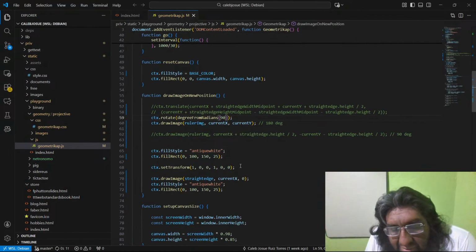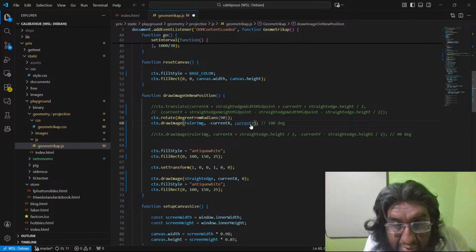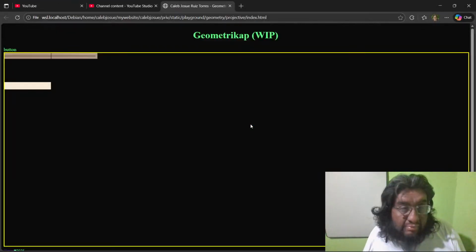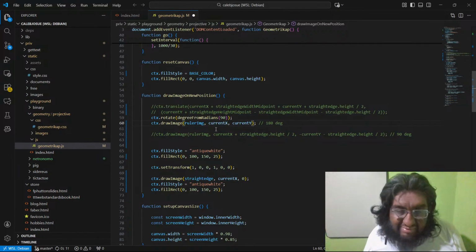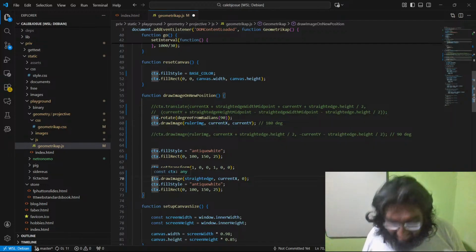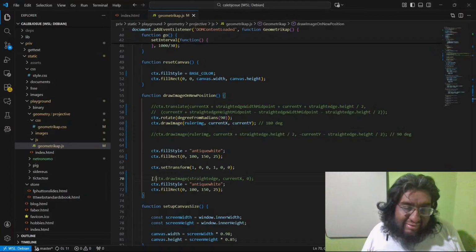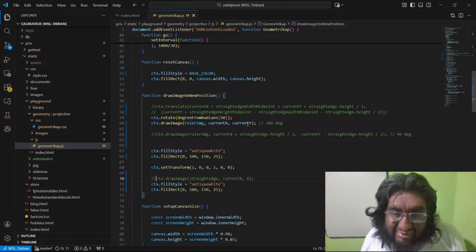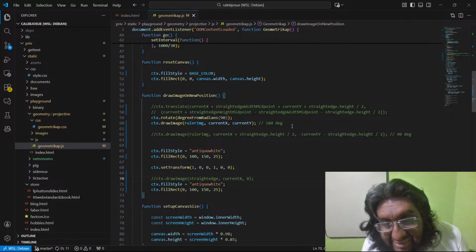No, maybe not. And let's use this minus. So let's see what's happening. Let's delete this. Now this thing is not getting on the screen because it's 90 degrees rotated.